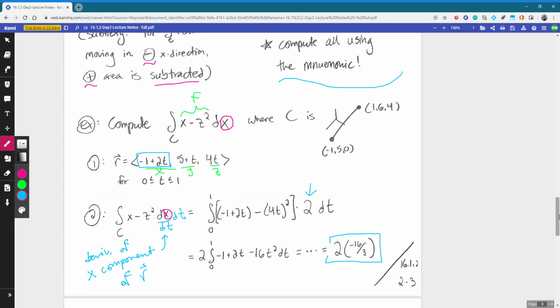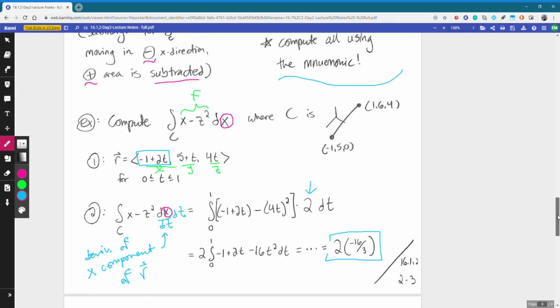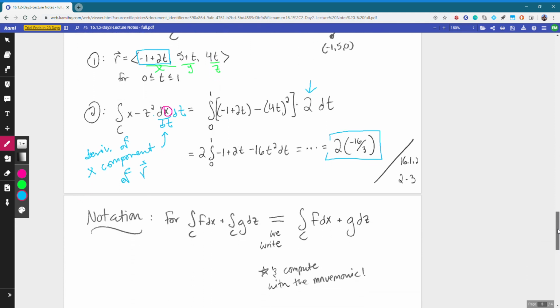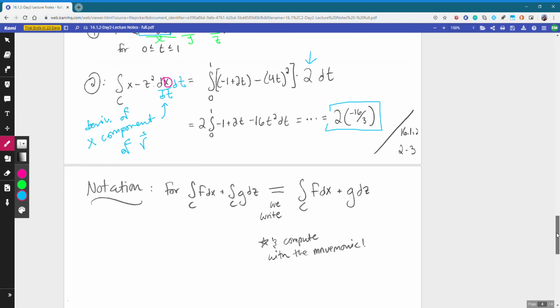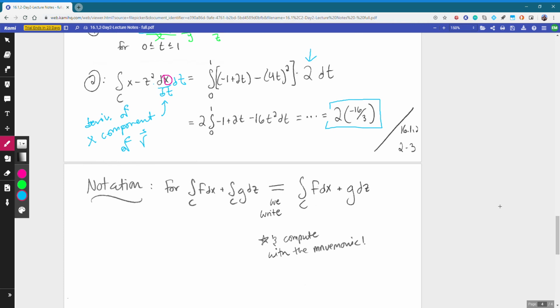Now to finish up today, I want to introduce just a little bit of notational shorthand that gets used for these projected line integrals, specifically if we are adding up more than one of them together. Let's say that we had some curve C. I don't know, maybe it looks like this.